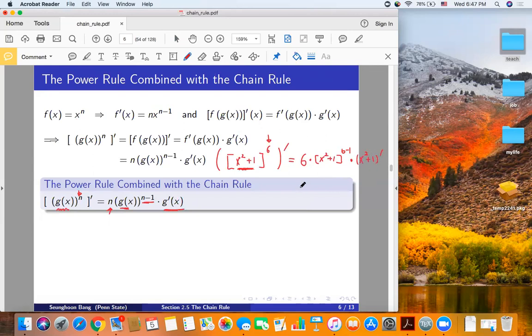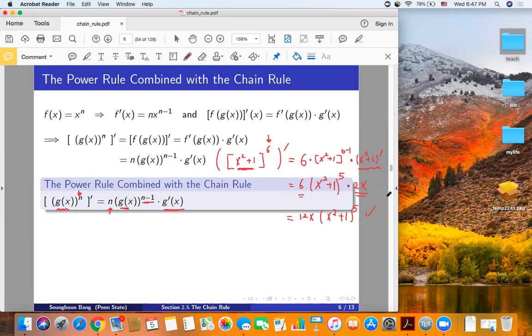So we have 6 times x squared plus 1 to the power 5 times x squared plus 1 prime, which is, using the power rule again, 2x. So combine: 6 times 2x is 12x times x squared plus 1 to the power 5. That's what we call the power rule combined with the chain rule.